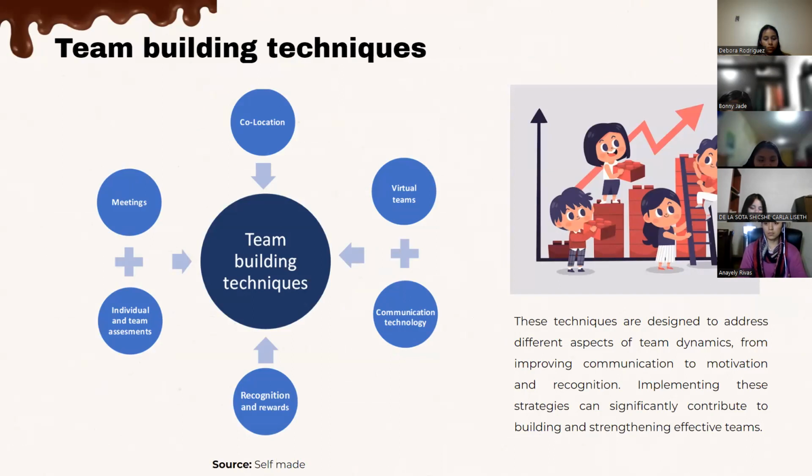For example, co-location is necessary because it enhances collaboration and communication by physically locating team members in the same geographic area. Virtual teams are necessary because they facilitate collaboration among team members through digital communication tools.